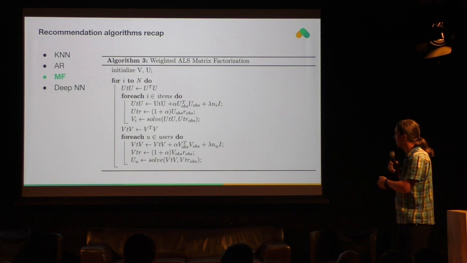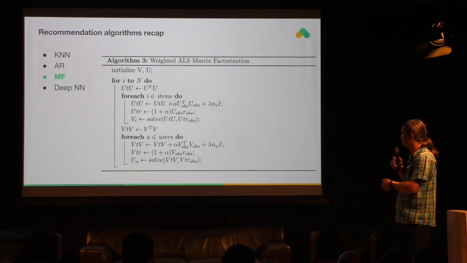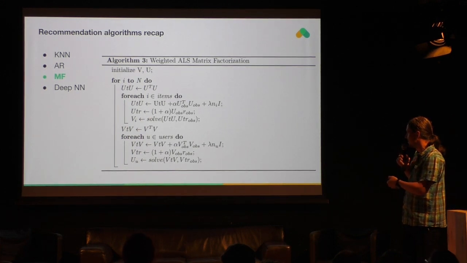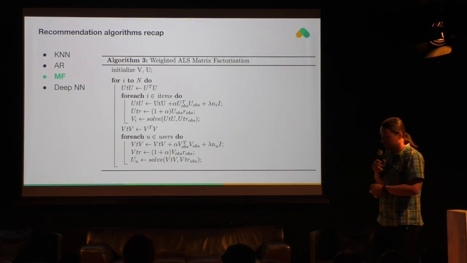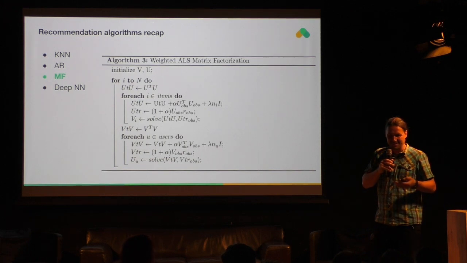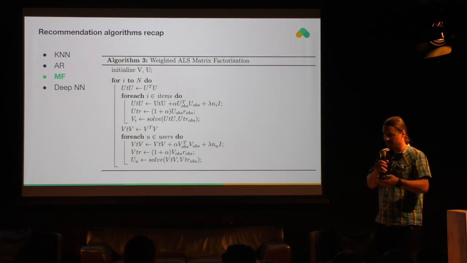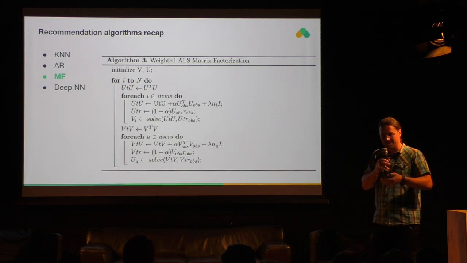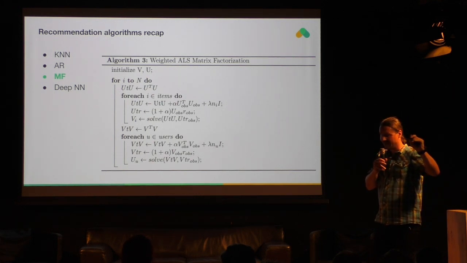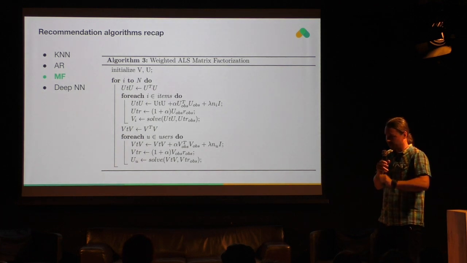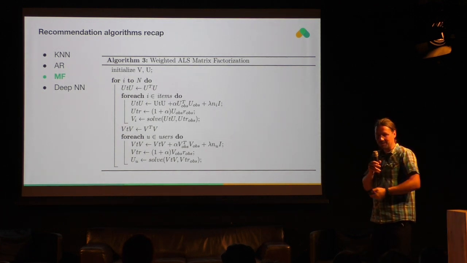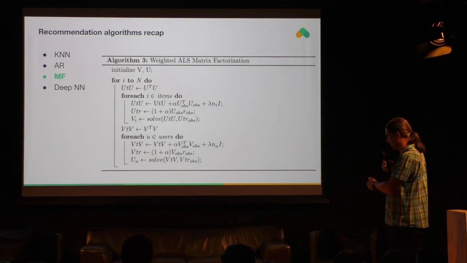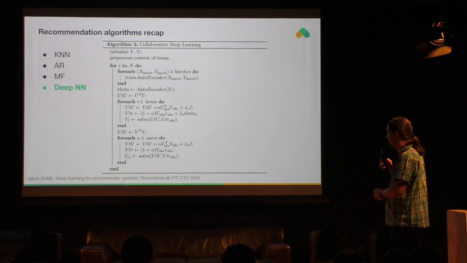Then one variant of matrix factorization, which is more advanced. It also takes into account the rating of items for individual users. So if one user always gives high ratings or always low ratings, this algorithm can take that into account and make a relative contribution.